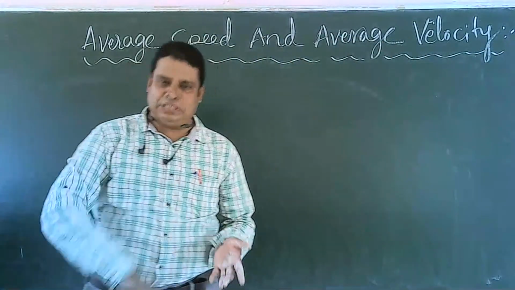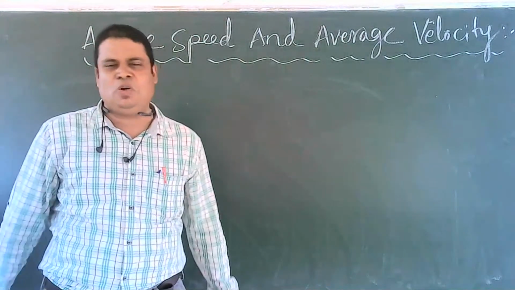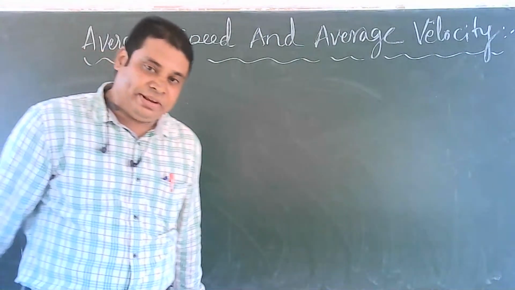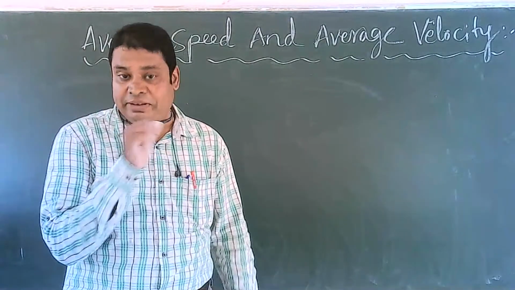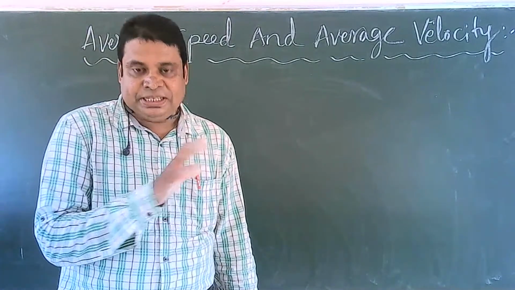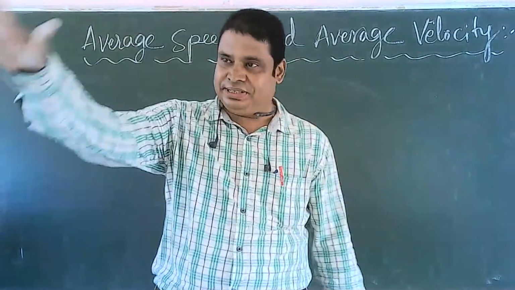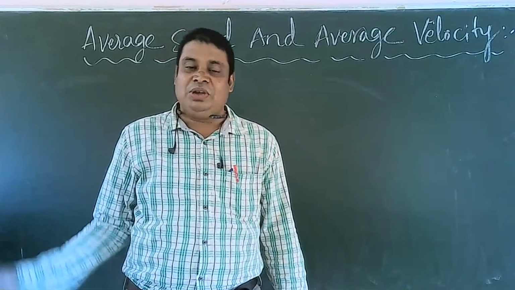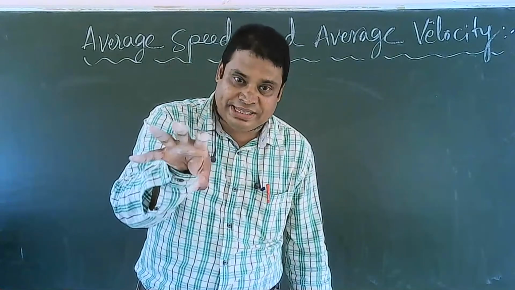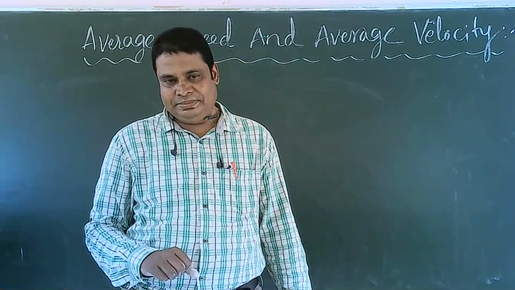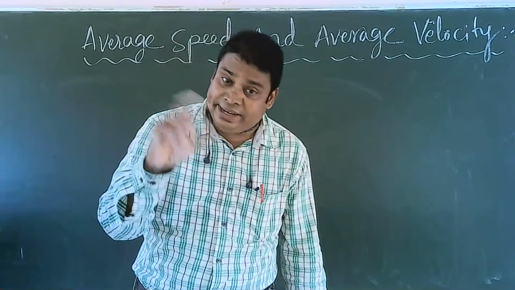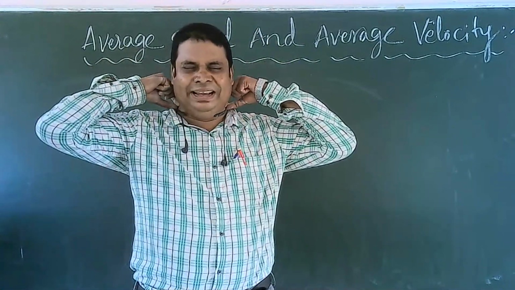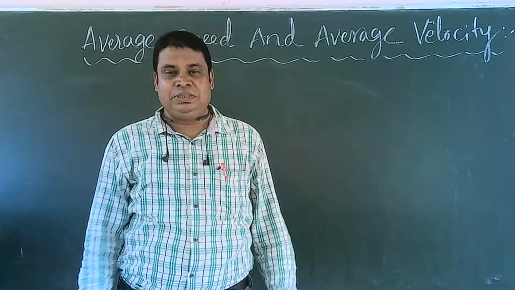In our textbook it is given average velocity first, then average speed. No problem. For simplicity I have taken average speed first. What do you mean by average speed? Actually, what do you mean by average? Average height of the students in a given classroom. Average marks you scored in SSLC. Average run rate in a given over, I mean, in a T20 match.